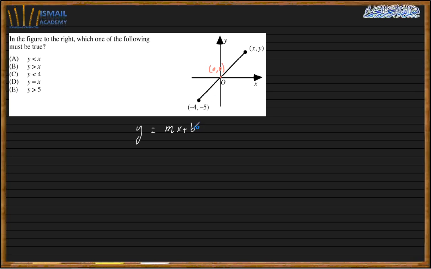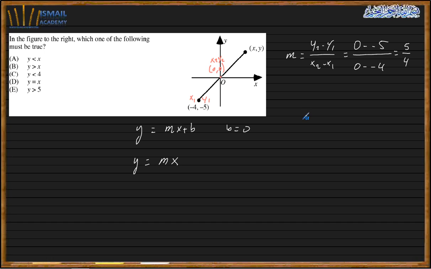Here my y-intercept is 0, so my y will be just mx, because b is 0. Now for the slope, we know the slope is y2 minus y1 over x2 minus x1. This is (x1, y1) and this is (x2, y2). So it will be 0 minus minus 5 over 0 minus minus 4, which is 5 over 4.